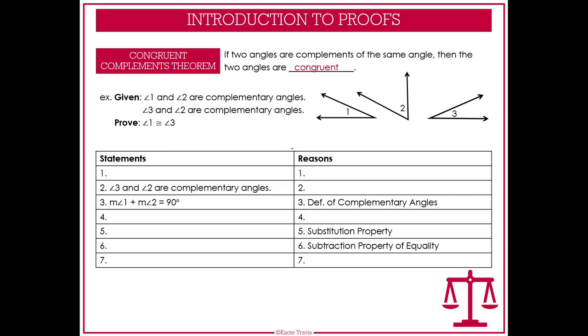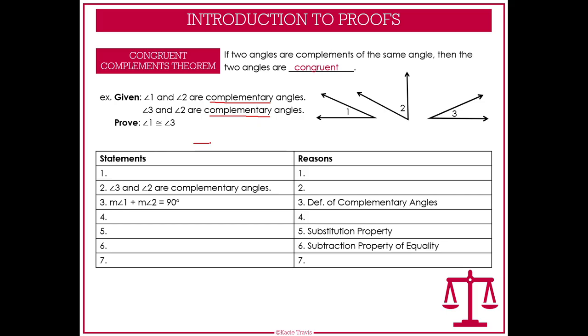Before you jump into a proof, it's important to look at the given information they give you and figure out what that means. On our givens, they tell us that angle 1 and 2 are complementary, and that angle 3 and 2 are complementary. What does complementary mean?